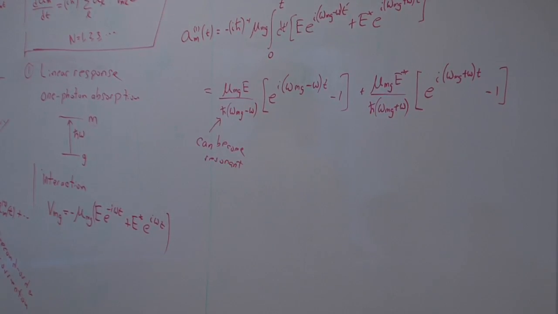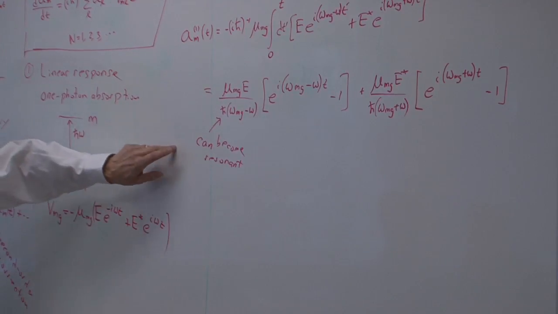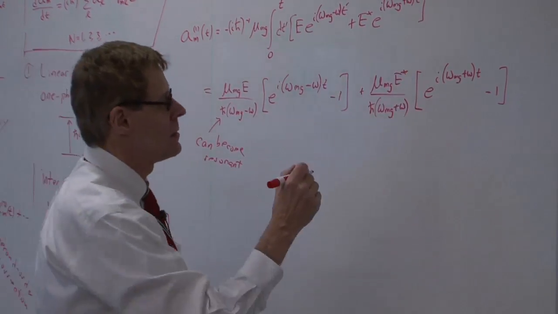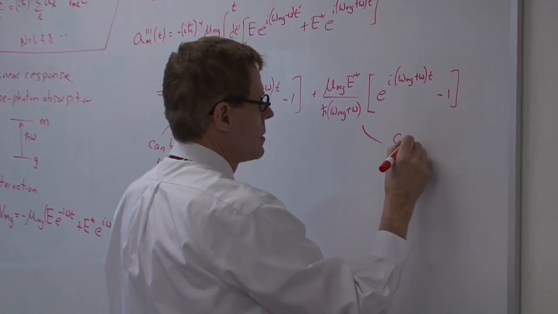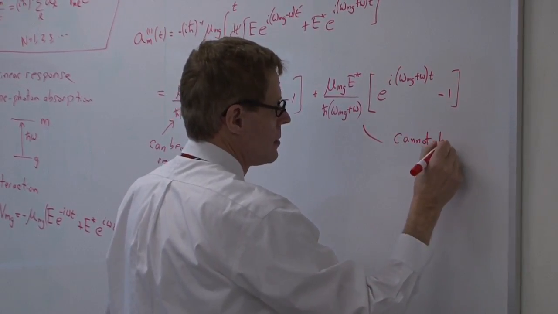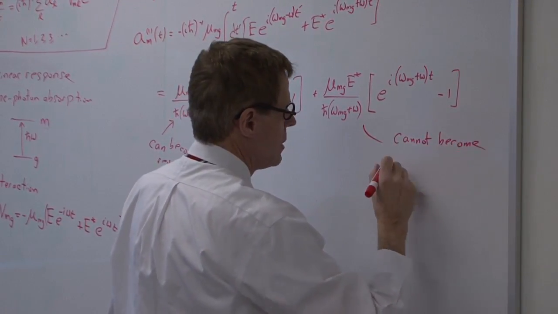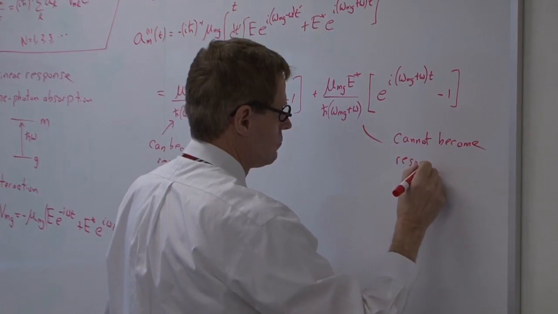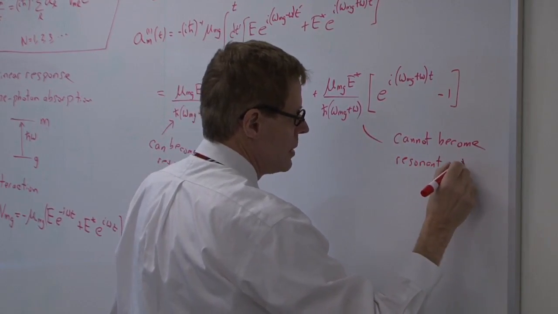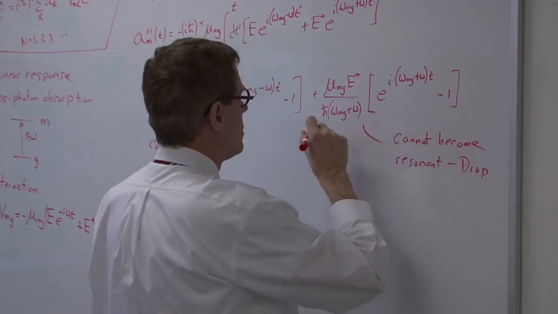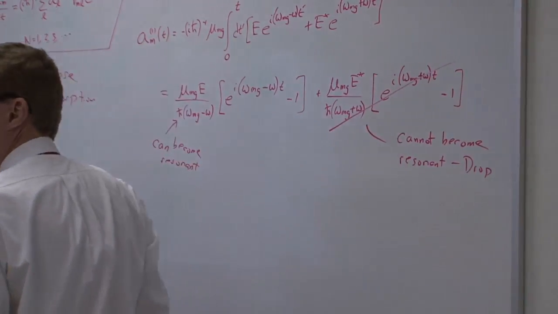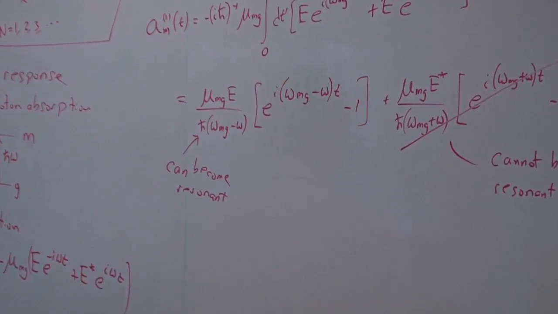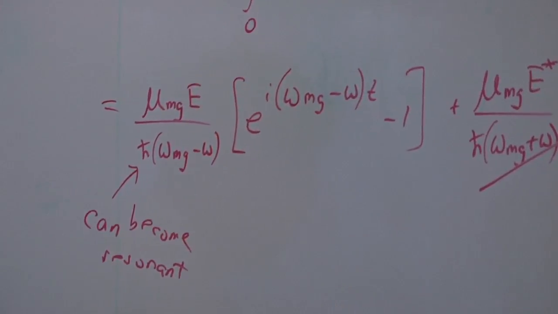When you get a 0 in that denominator, we're going to have to worry about that in a few minutes. But clearly this can become resonant. This cannot become resonant. So we just drop this term here. This term is so much larger than the other term that we drop the first one.